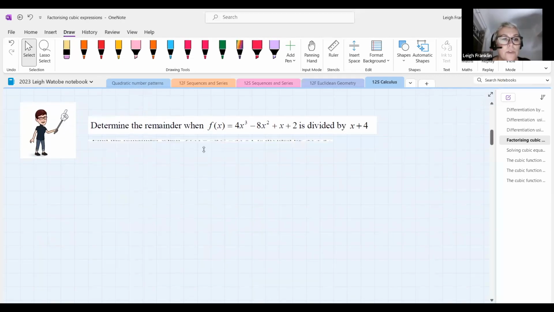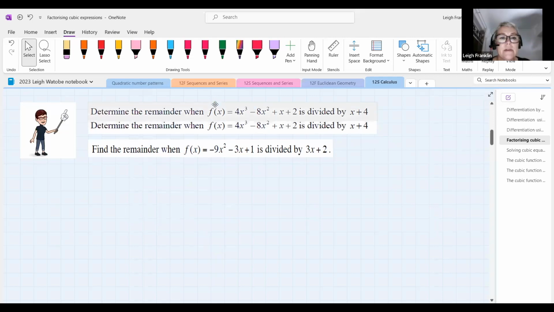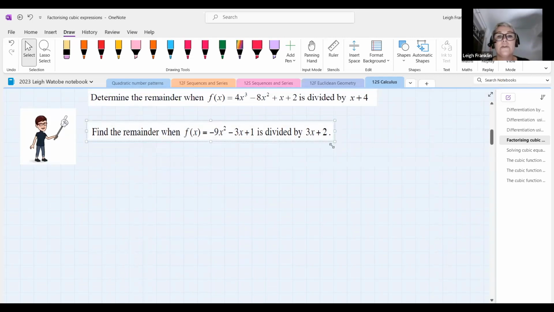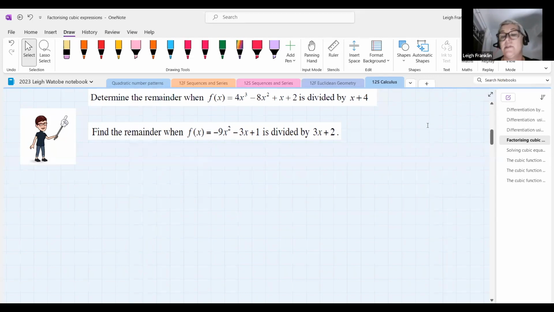All right, so what I want to do is this slightly more difficult question with you. We're going to focus on this one. We want to determine the remainder when f of x equals minus 9x squared minus 3x plus 1 is divided by 3x plus 2. Remember your first step is to take 3x plus 2 and make it equal to 0.